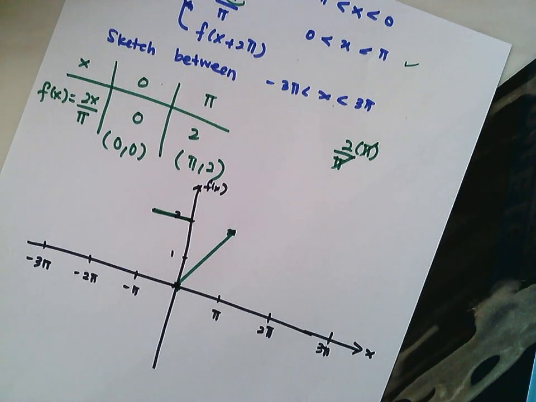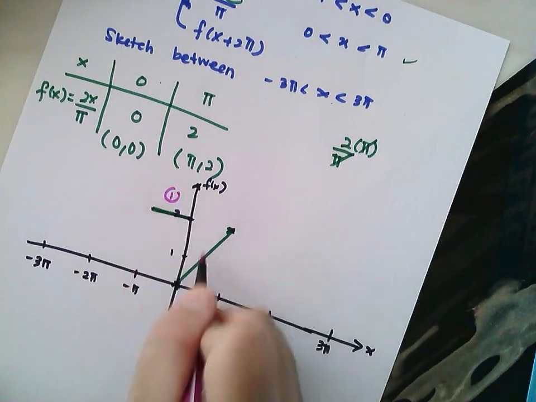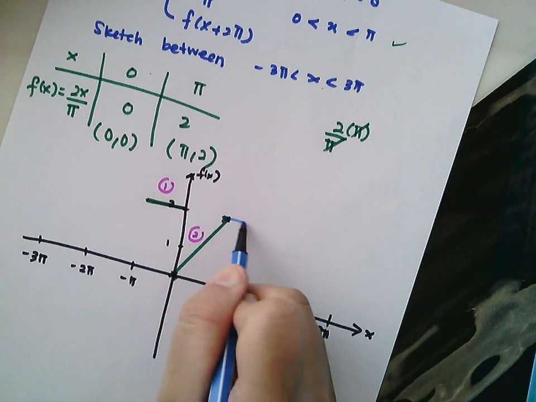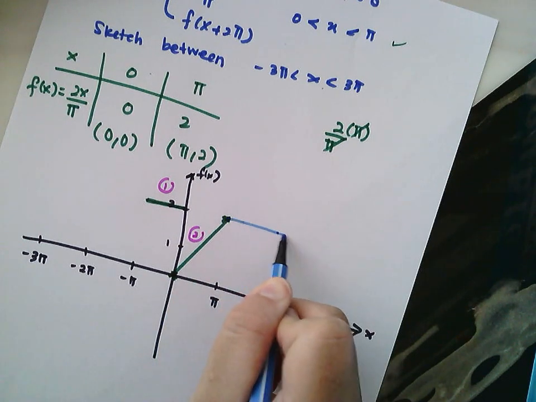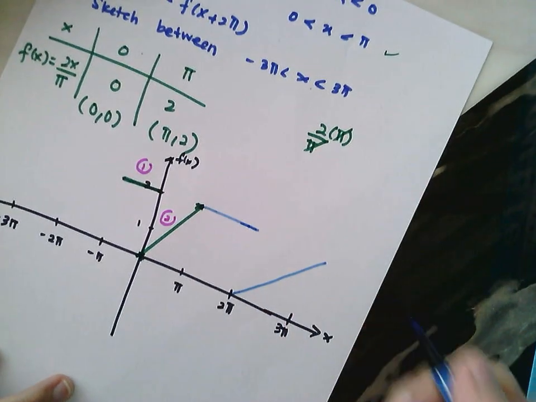So you have two functions here, and the function repeats itself after this point. This is the first one, and this is the second one. So therefore your next will be here. First one, and this one, the second one.